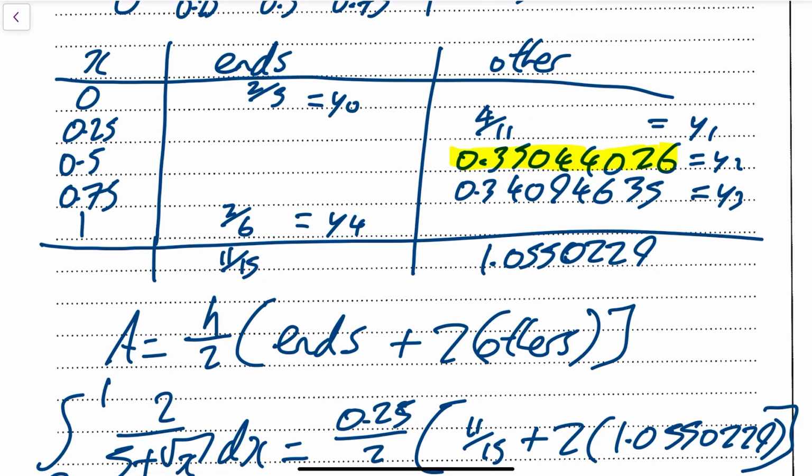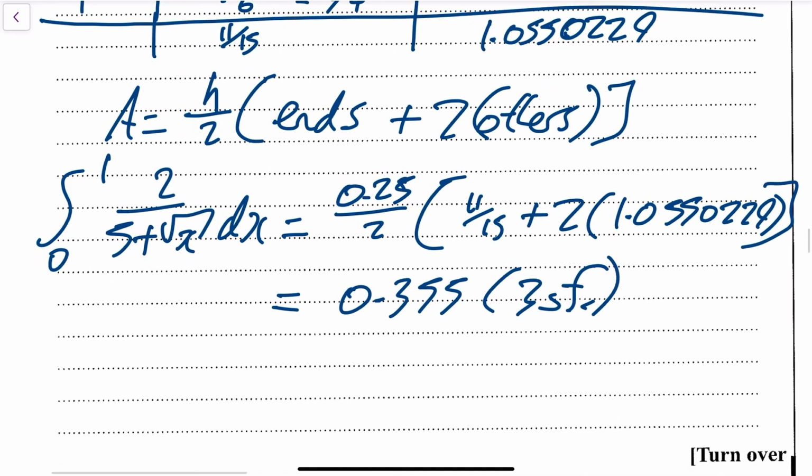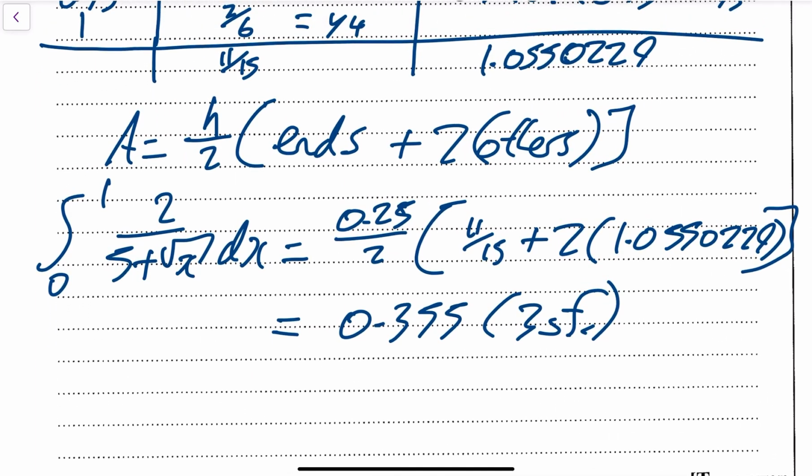It didn't give me nice fractional values for the others in the calculator. So my others added up to 1.05502229. I fired those into the calculator: h was 0.25, so 0.25 over 2 times 11 over 15 plus 2 times 1.05502229, which gives 0.355.